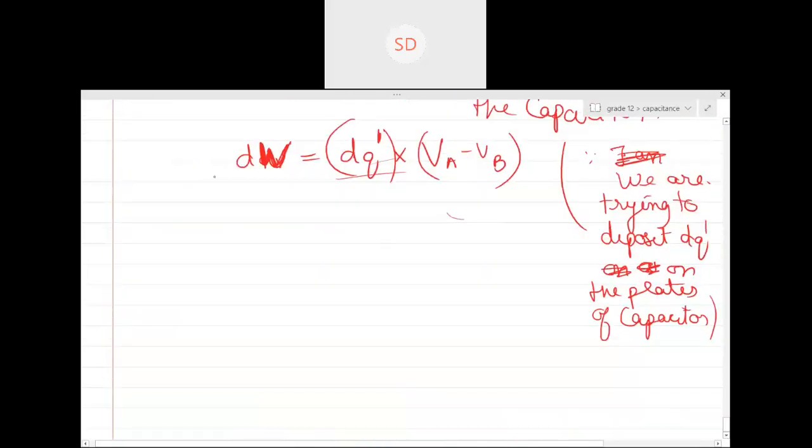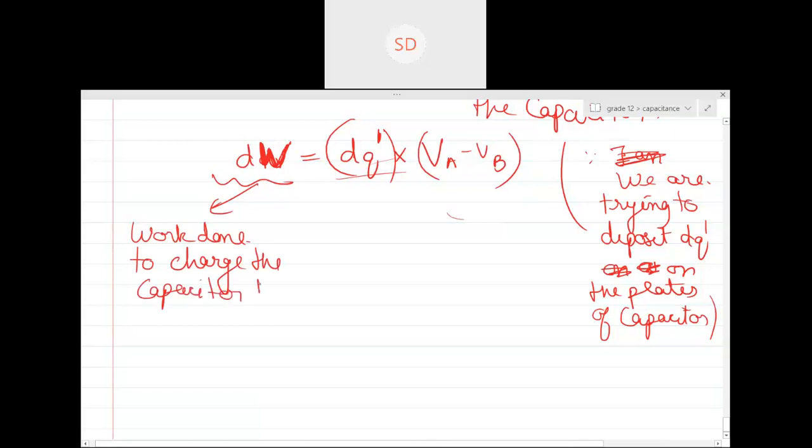Please remember this work done which we calculated is the work done to charge the capacitor.